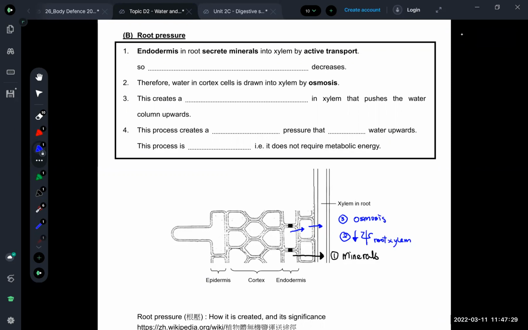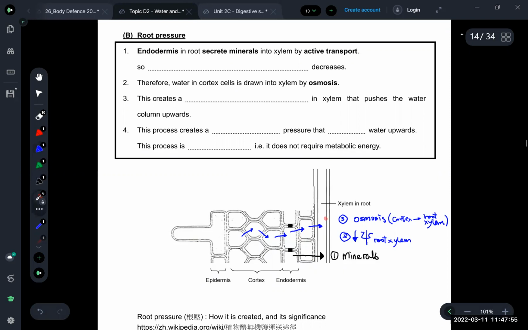And you can imagine this water comes from the cortex cell by cell, right? So what happens next? Now water builds up in this region.